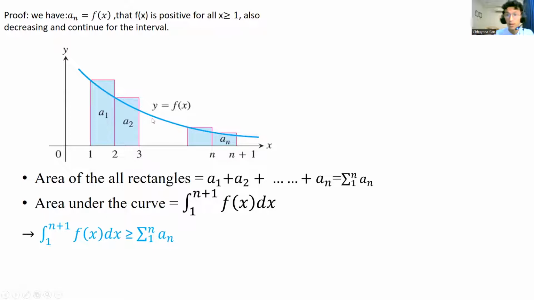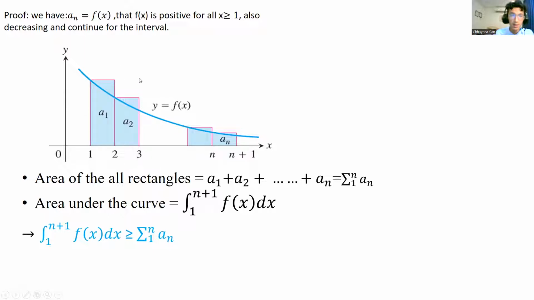So you can think of another formula that we can use to calculate the area. As we studied in the last chapter, the area under the curve is equal to the integral from 1 to n plus 1 of f(x) dx, as n approaches infinity.